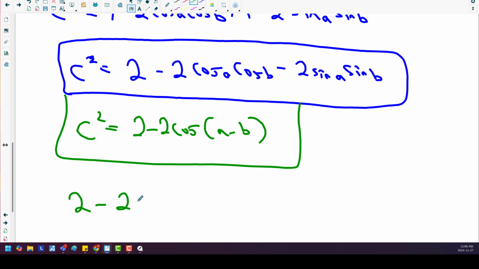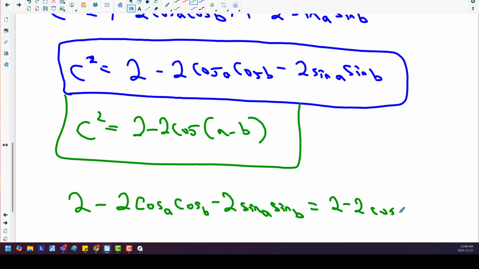Here, I'll write slower. This is our first equation, and that's equal to our second equation, which is 2 minus 2 cos bracket A minus B.